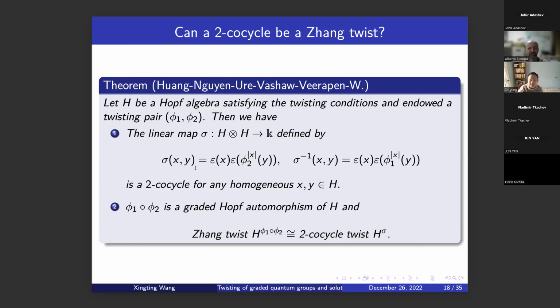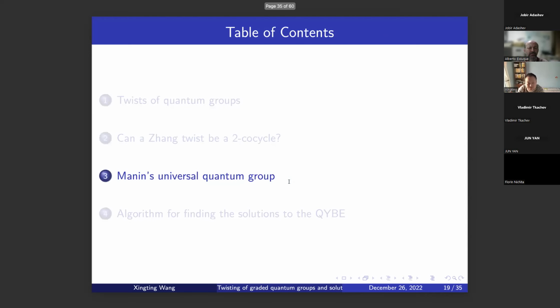Using twisting pairs, it becomes a little bit easier because the expression of sigma is very explicit as long as you know phi 1, phi 2. So I think that is also one of the main applications. Instead of looking at all the possible 2-cocycles, you can pin down those given by twisting pairs. That's one of the ideas later in the application to Yang-Baxter equation solutions, where I will show that the argument makes perfect sense.